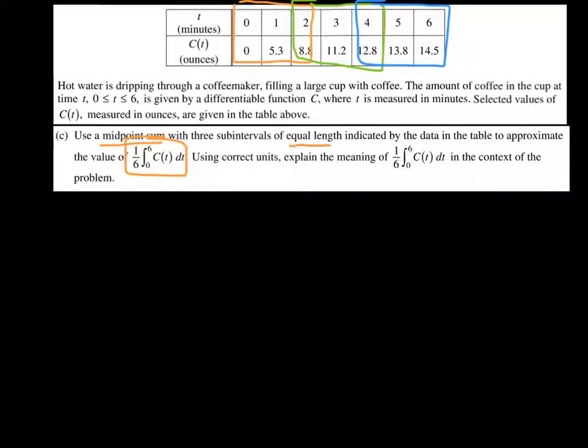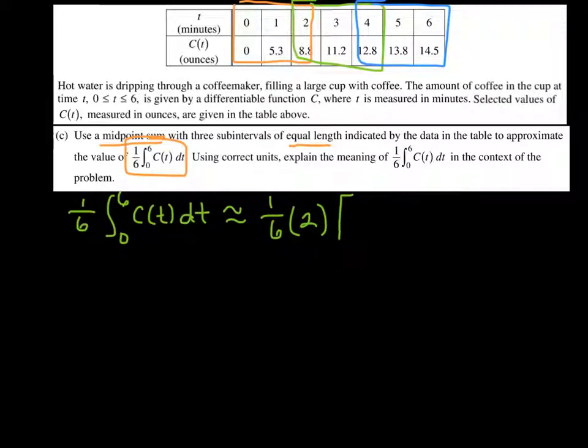Remember, the area of a rectangle is base times height. So I'm going to say that 1/6 the integral from 0 to 6 of c of t dt is approximately, again I should use the approximate symbol, approximately. Okay, so we obviously have to keep that 1/6 out in front, and then we want the base of each of these rectangles, and as I said, all of them have a base, a difference in time of 2, and so that's my common base.